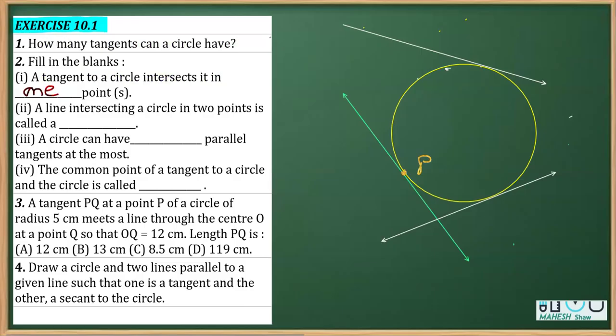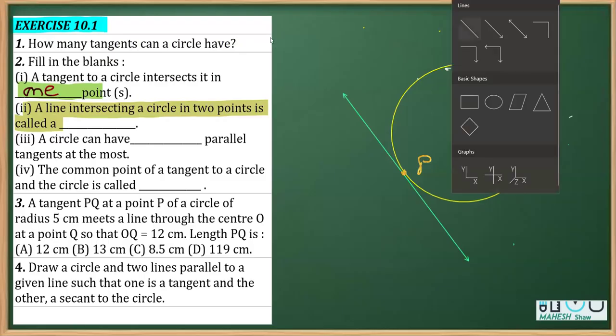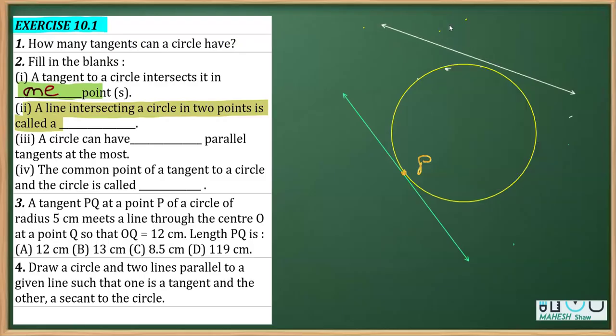Now moving to the next question, the third one says a line intersecting a circle at two points is called what? That's called secant. So for example, if I draw a line, as of now, it has no point. Now it's a tangent. Now it's a secant, right?